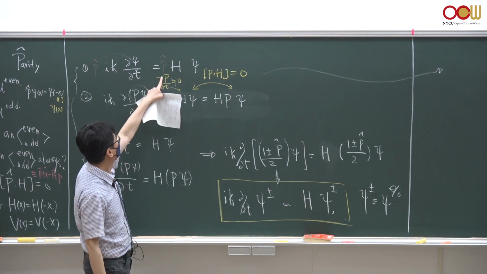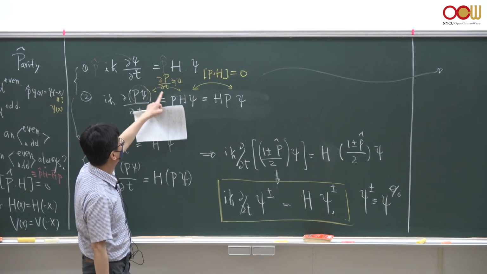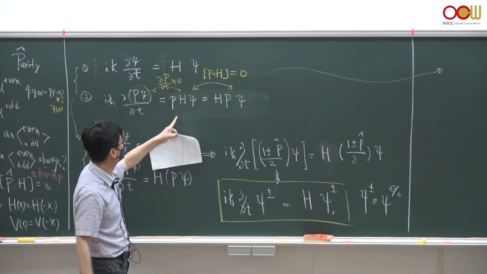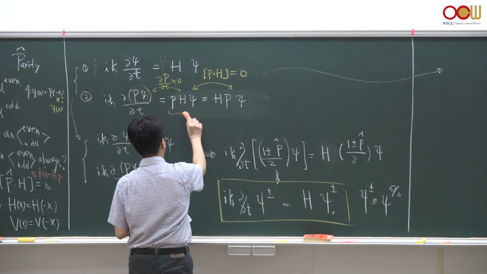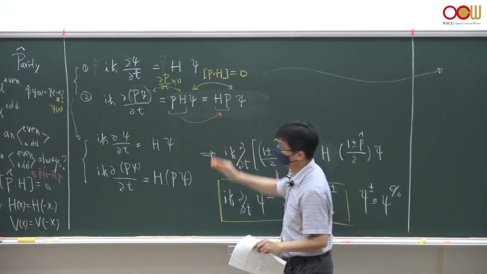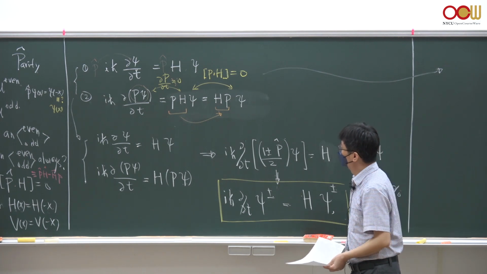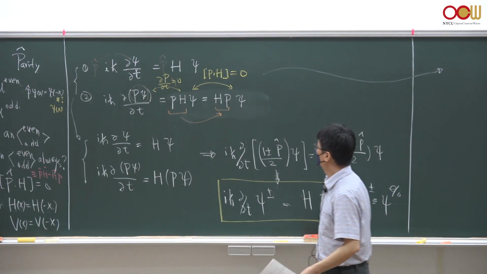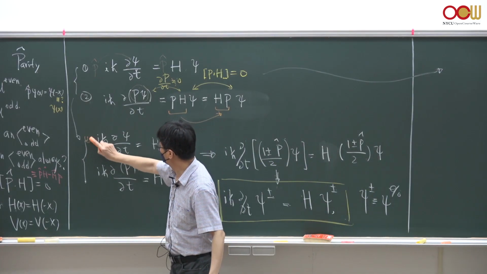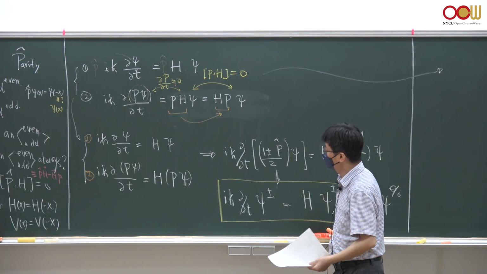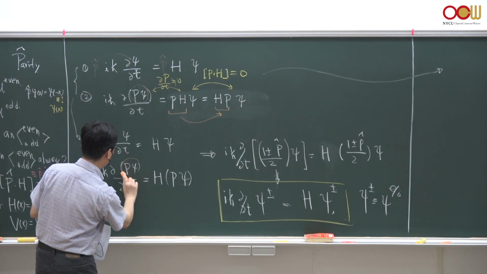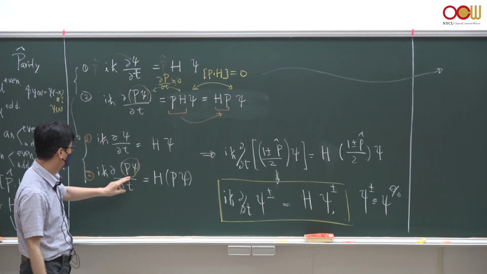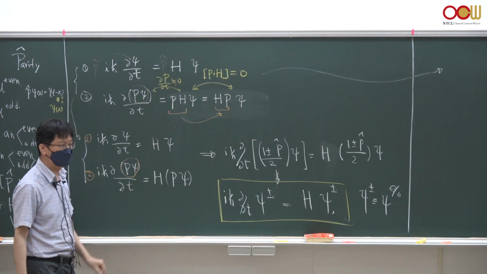On the right-hand side, we can show that if P commutes with the Hamiltonian H, I can simply switch the order between PH and HP. The purpose of doing this is the following. Suppose these two conditions are satisfied, then I can write down the first equation and the reformulation of the second equation, in which P acting on psi is a new wave function that satisfies this Schrödinger equation.